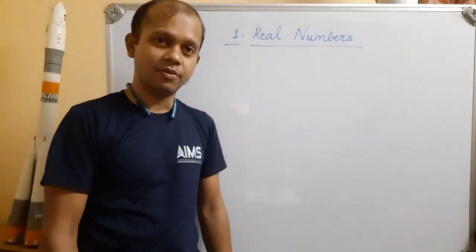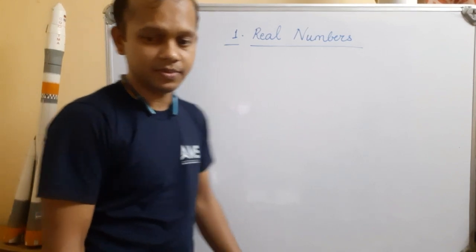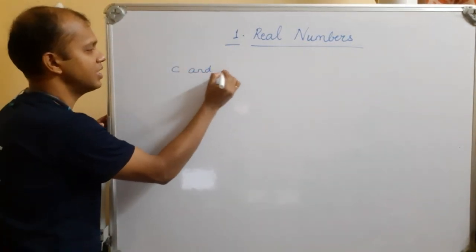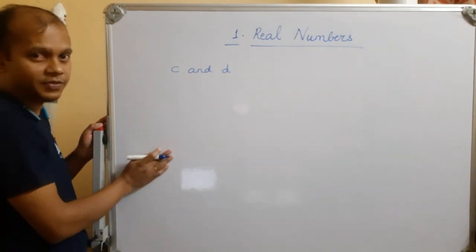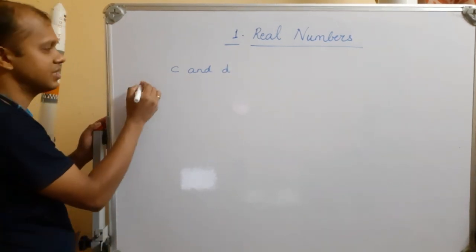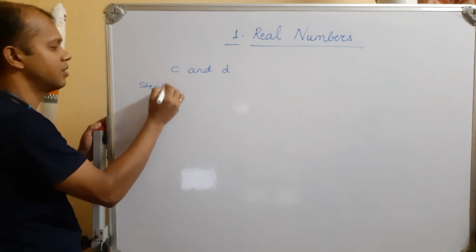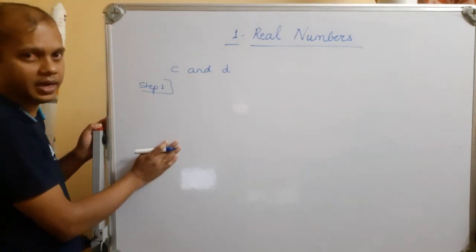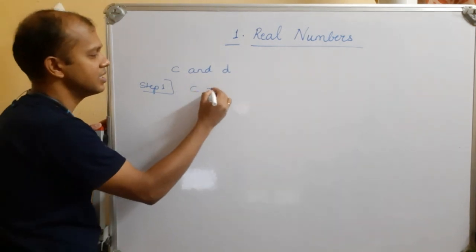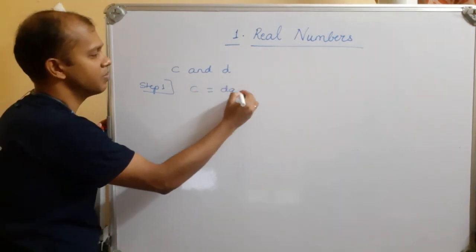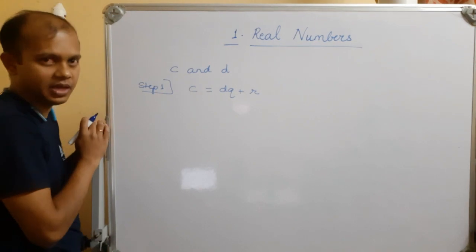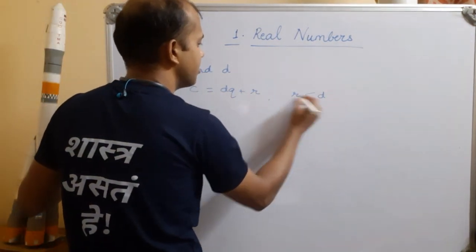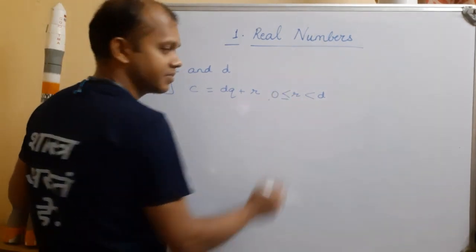So we'll list out Euclid's division algorithm as follows. Let's say we have two numbers C and D whose HCF we are interested to find out. So first step, step 1. By Euclid's division lemma, obtain two numbers Q and R which satisfy C is equal to DQ plus R, where R is less than D but greater than or equal to 0.